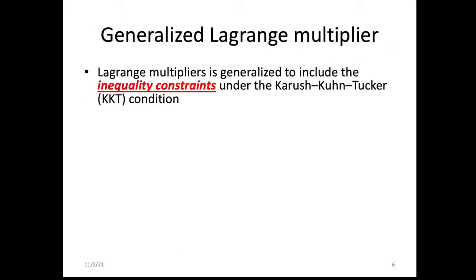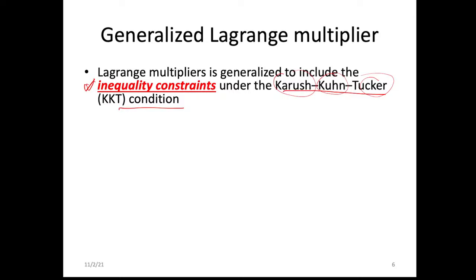Now let's talk about the generalized Lagrange multiplier. Previously, we wanted to maximize or minimize something subject only to equality constraints. But the generalized Lagrangian allows inequality constraints. So the Lagrange multiplier is generalized to include inequality constraints under something called the KKT conditions. These are just three mathematicians.